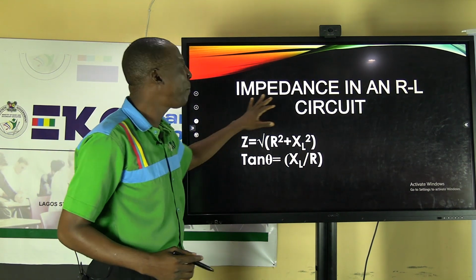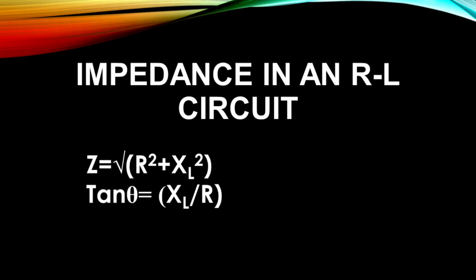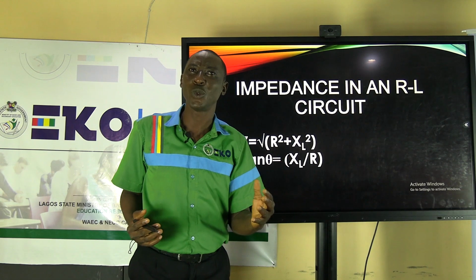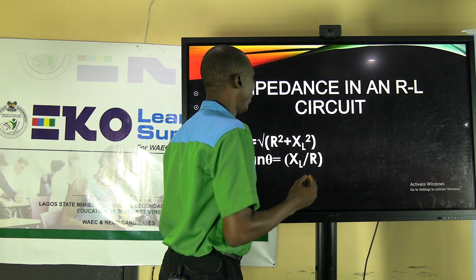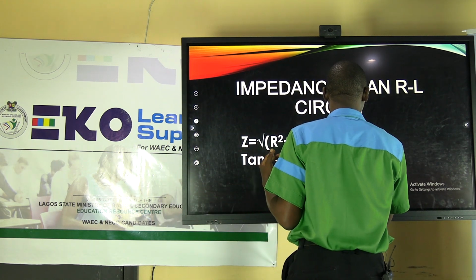Now we talk about impedance in an RL circuit. That is a resistor and an inductor, because I told you impedance is when you have two or more oppositions in a circuit. Now we have the diagram similarly.